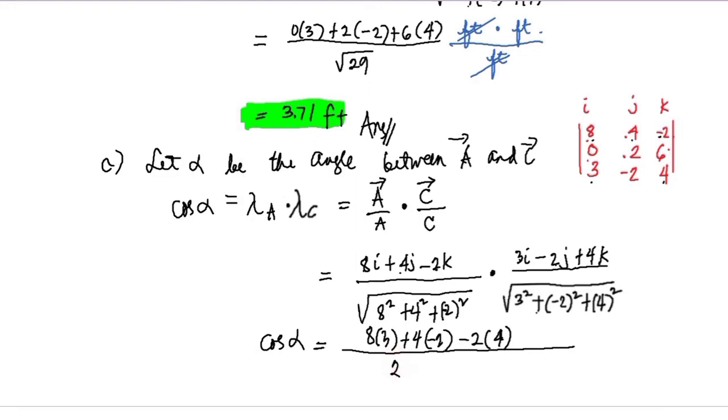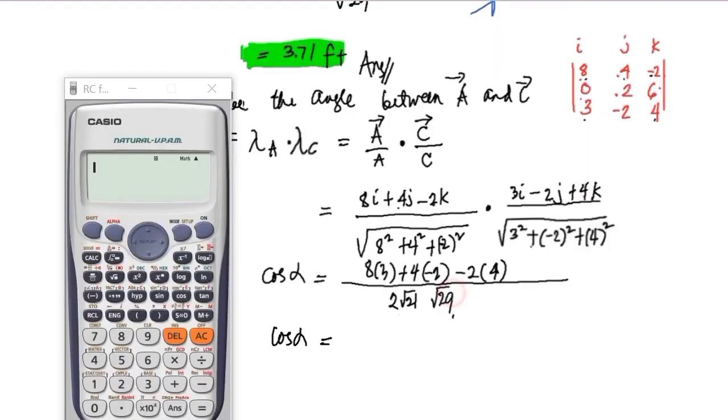So we have here 2 square root of 21, and this is the square root of 29, which we solved earlier. So computing for this, we have 8 times 3 plus 4 times negative 2 minus 2 times 4, over 2 square root of 21 times square root of 29.